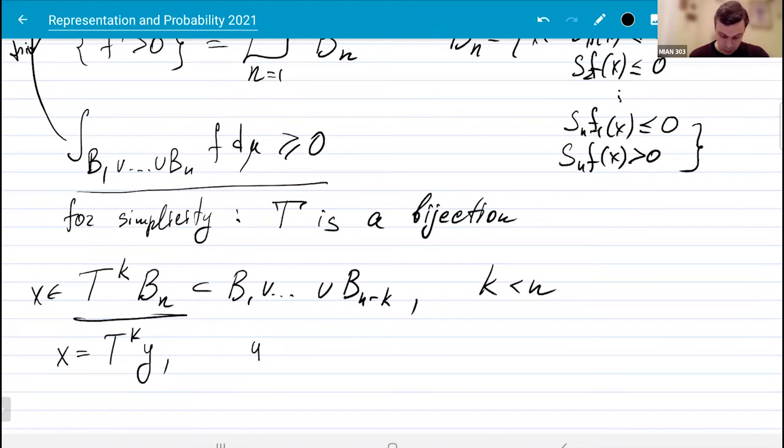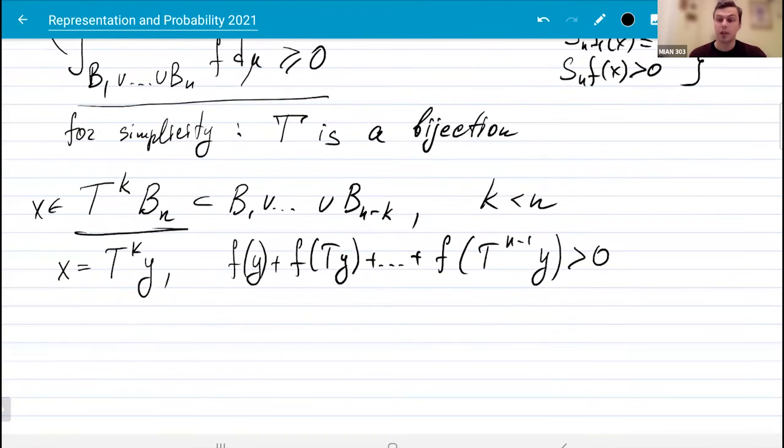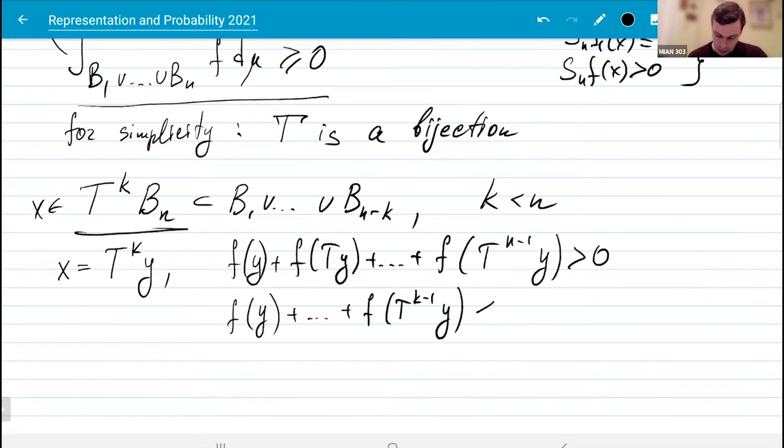In particular, this means that f of y plus f of Ty plus up to f of Tn minus 1 y is positive, while if you take the sum of some shorter sequence, and in particular the sum of the first k of them, this is non-positive.